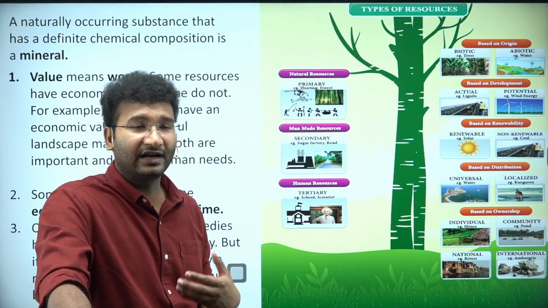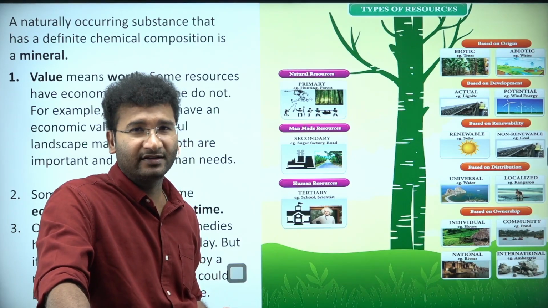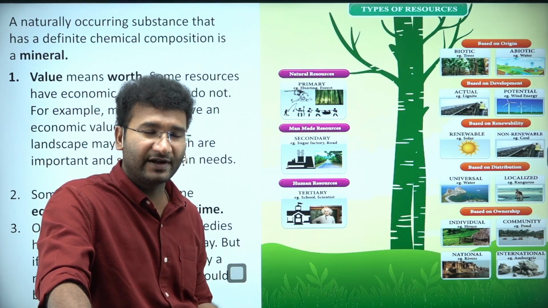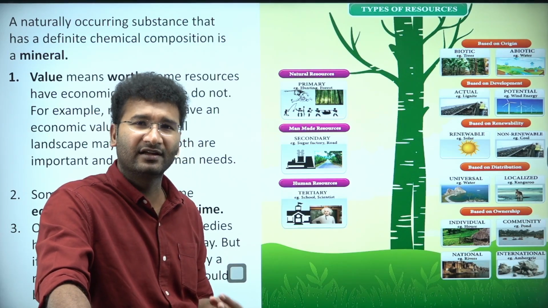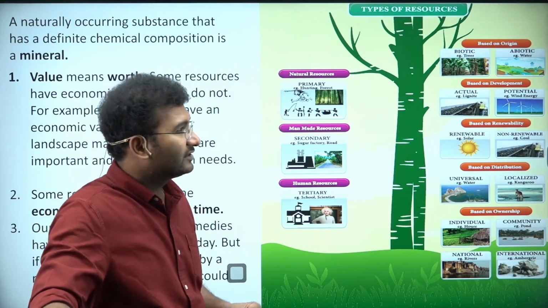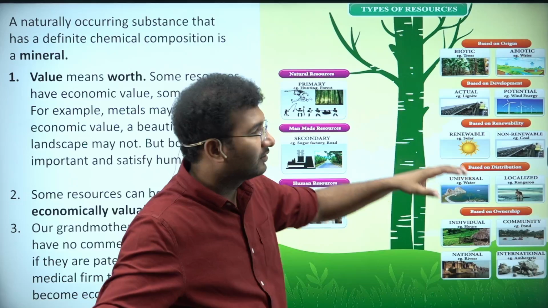We call that kind of resource an inferred resource, right? When you do not have clarity on how much percentage it is, what the value is, how many tons or kilos, it is called an inferred resource. Likewise, potential is something which you see for the future, right?